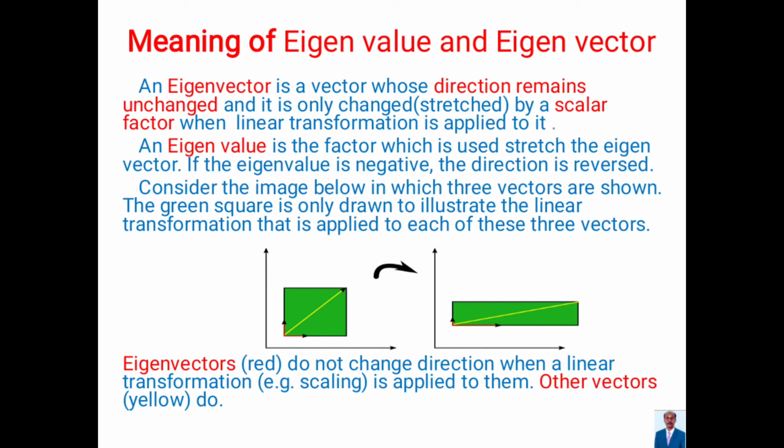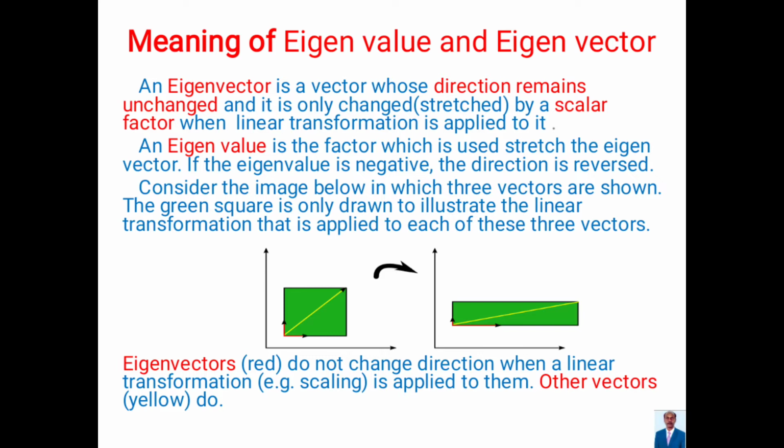So from that we can conclude that an eigenvector does not change its direction when the image is changed or stretched. The eigenvectors, that is the red color, do not change direction when a linear transformation is applied to them.